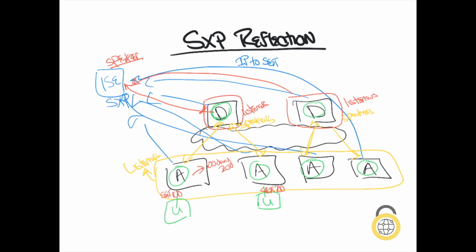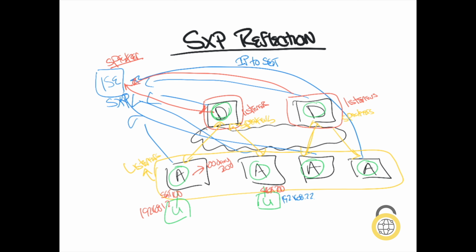So now, let's say this IP address was 192.168.1.2, and this one was 192.168.2.2.